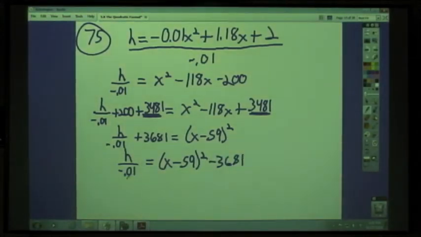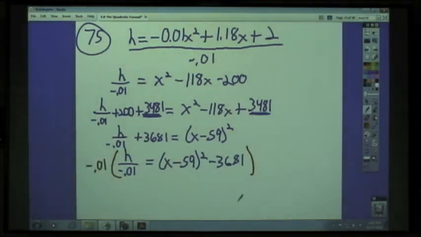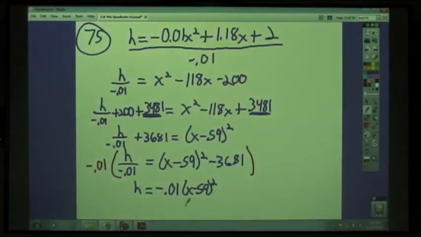But then I want to get rid of the negative 0.01 on the bottom, so I'm going to multiply this whole equation, the left-hand side and the right-hand side, by negative 0.01. That's going to cancel out and give me just h on the left. It's going to give me negative 0.01 times this x minus 59 squared here. Guys, think about this. That's the a value in front of the parentheses.